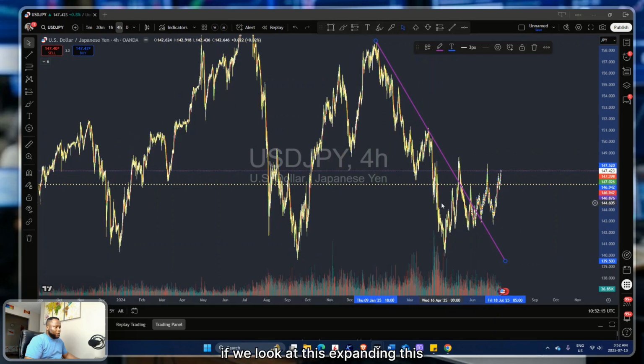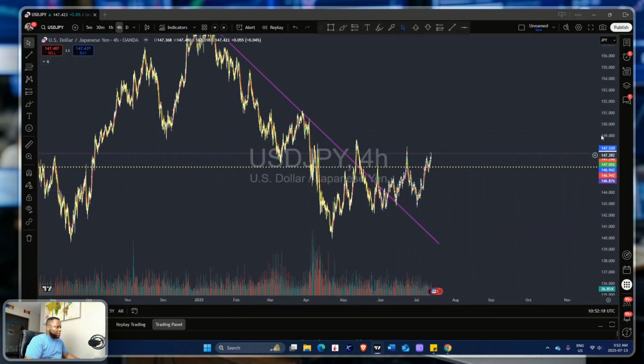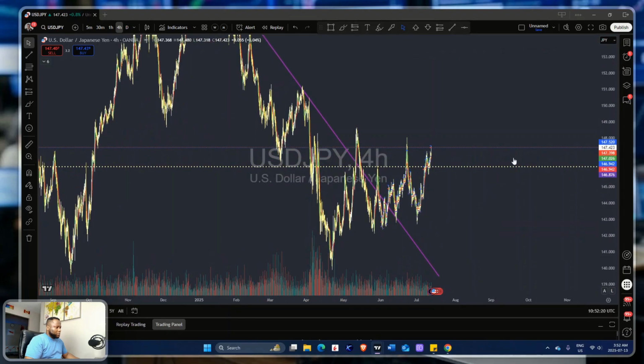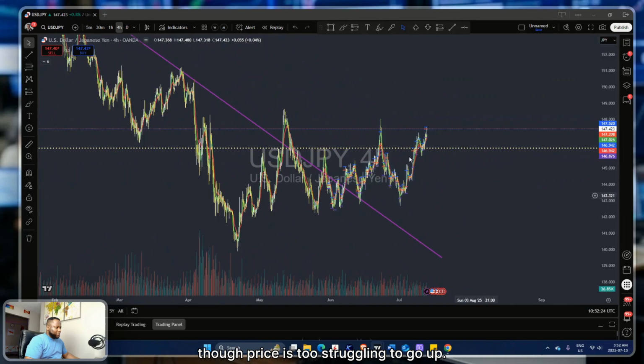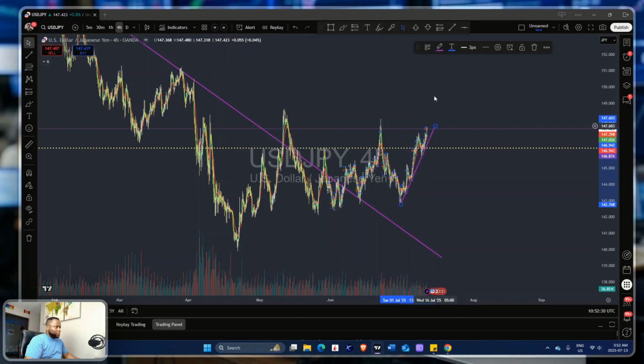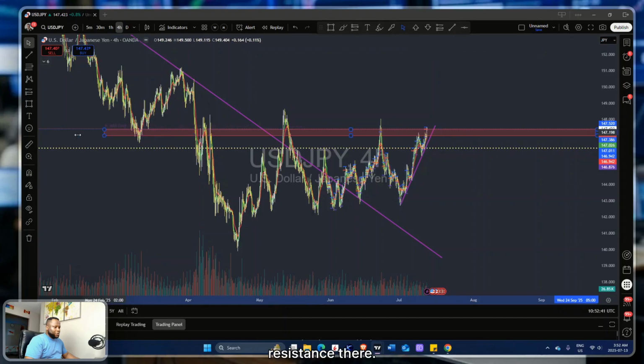If we expand this to another 4-hour, price is still struggling to go up, we have something like this. And with that we have support and resistance: 147.50 resistance there.